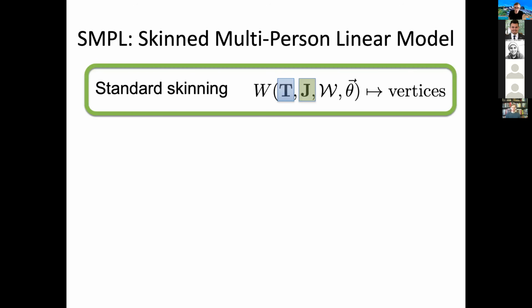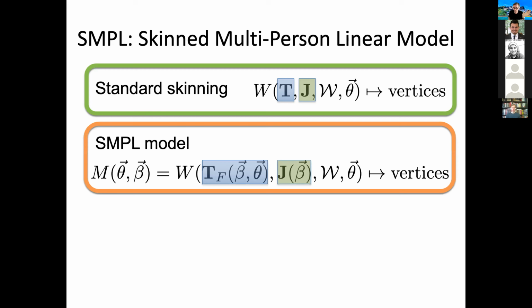And so standard skinning takes the blend skinning function W, template, joints, blend weights, and pose, and gives vertices. The SMPL model is this. It's a function M that takes theta and beta, pose and shape. It takes the blend skinning function W, but rather than taking a fixed template mesh, it takes a template mesh that's a function of body shape and pose, okay?